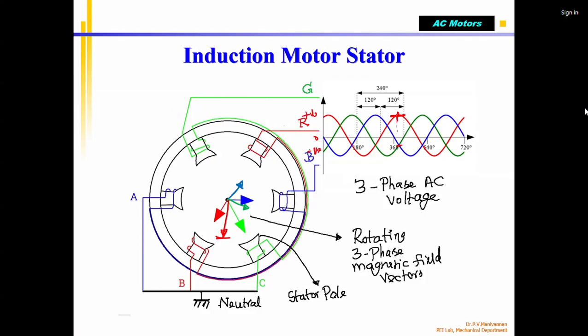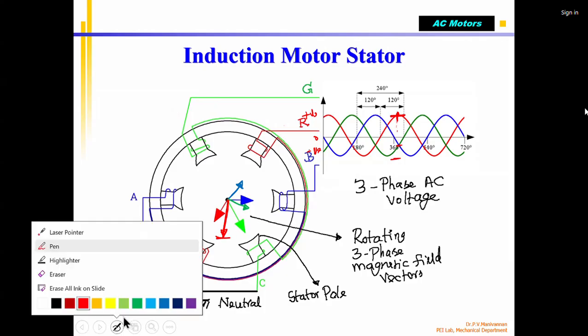At this time instant, 360 degree, the red phase has maximum voltage. The other two are negative, but not the maximum. That means the resultant is towards red, which is maximum, so the rotor will be attracted towards the red phase. I will show in the next one how it works.